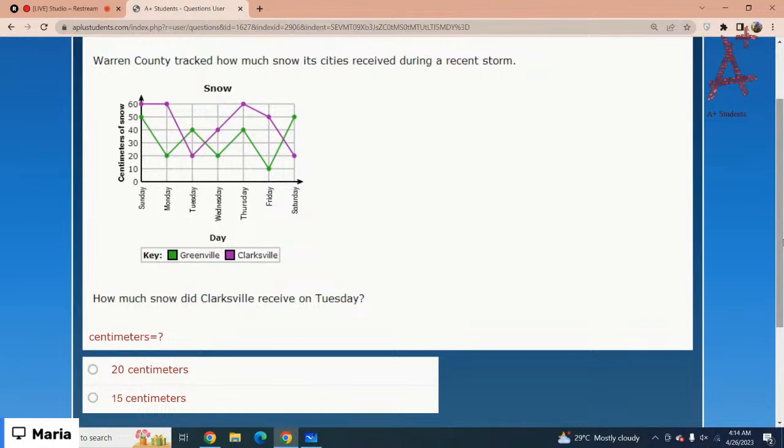The green one represents Greenville and the purple one represents Clarksville. So on Tuesday, see the purple one. Here is the purple one. That means on Tuesday, it got 20 centimeters of snow. Got it? So the correct option is 20 centimeters.